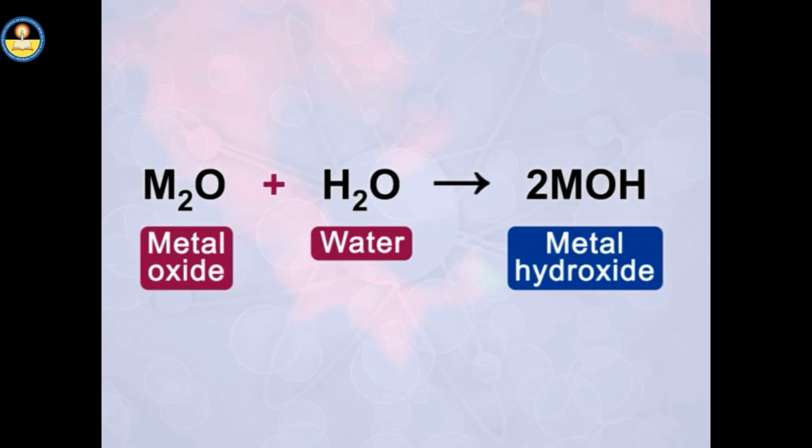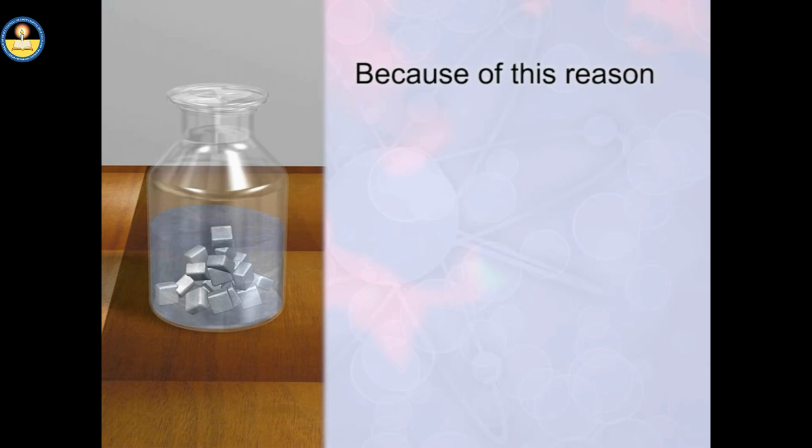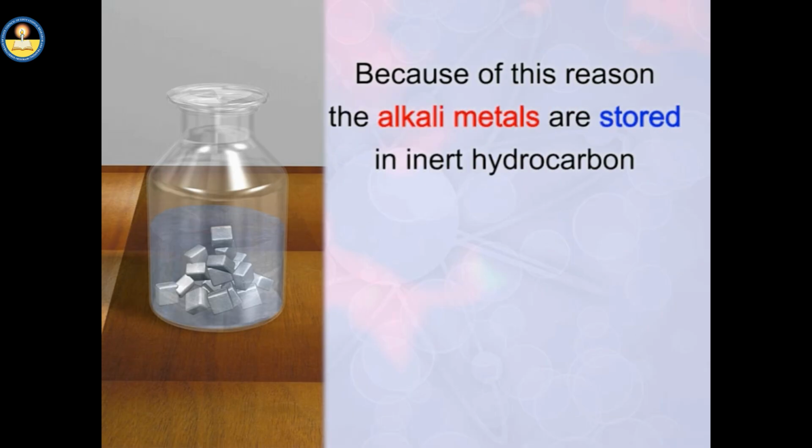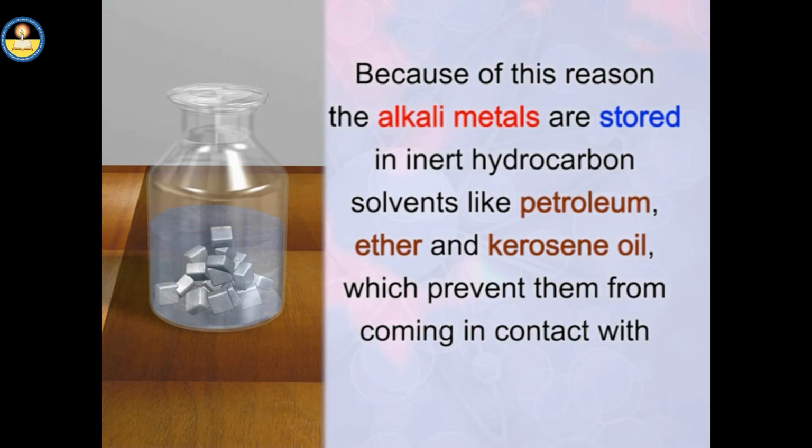Metal oxide reacts with water to form metal hydroxides. Metal hydroxides react with carbon dioxide to form metal carbonates and water. Because of this, the alkali metals are stored in inert hydrocarbon solvents like petroleum ether and kerosene oil, which prevent them from coming in contact with air and moisture.